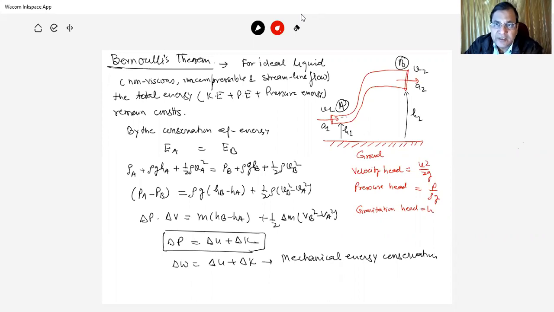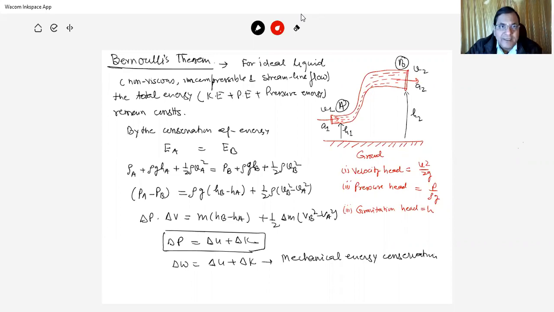So when the liquid flows from this point, at this point there are three heads, and these heads are constant. That is velocity head, pressure head, and gravitational head, which is constant.